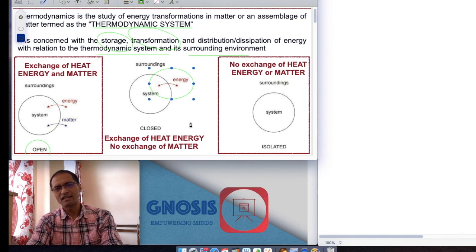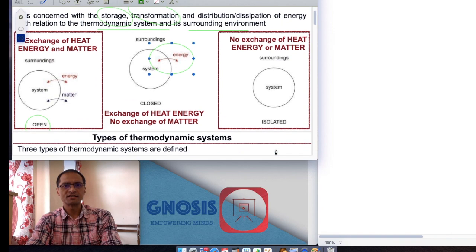On the other hand, at the extreme end, you have a thermodynamic system where there is no exchange of matter and no exchange of heat. This is called the isolated thermodynamic system. So in thermodynamics, you come across three very distinct systems: the open system, the closed system, and the isolated system.